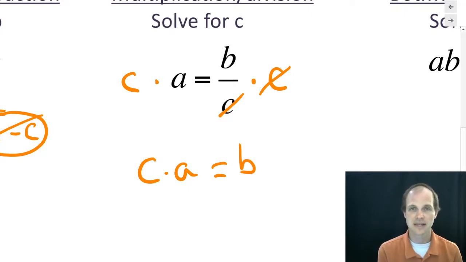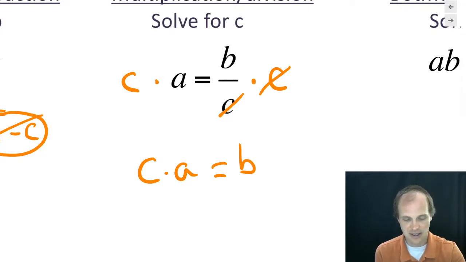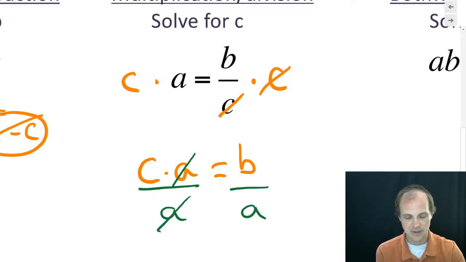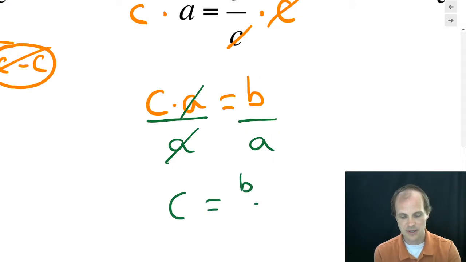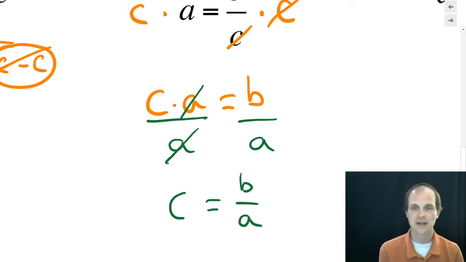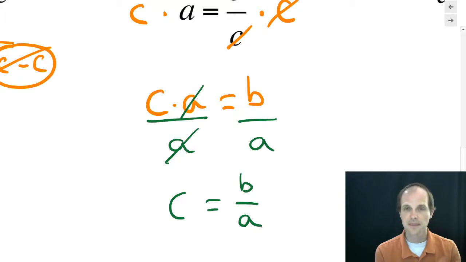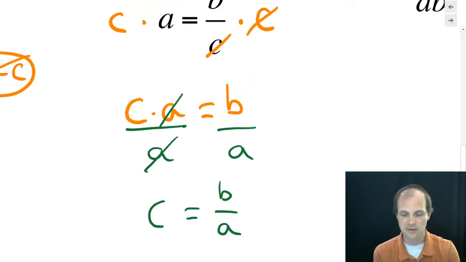We want to get c all by itself, so we're going to divide by a in our next step. Those a's cancel, and I get c equals b over a. Those are two things, addition, subtraction, and simple manipulation of multiplication, division, are most of what we're going to be doing.